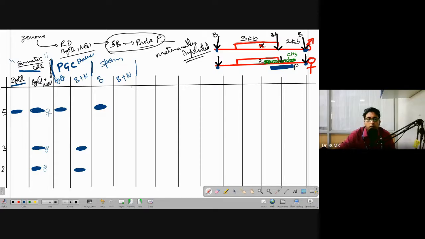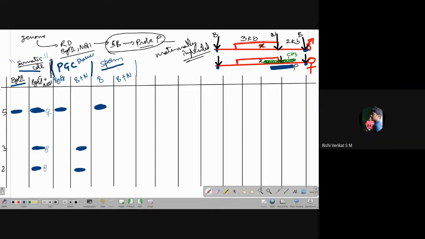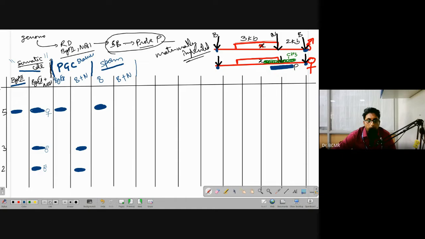Why would that be? What do you expect in sperm to happen? There's establishment already. Yes. What should it be established as? Establishment of imprints. If establishment happened, would you expect that both the alleles are methylated, or both the alleles are unmethylated?